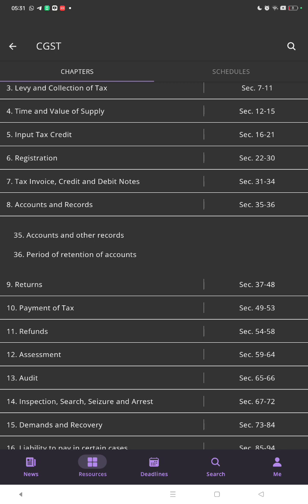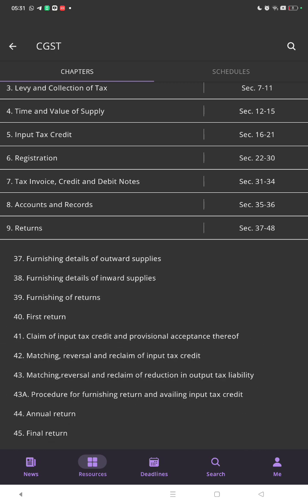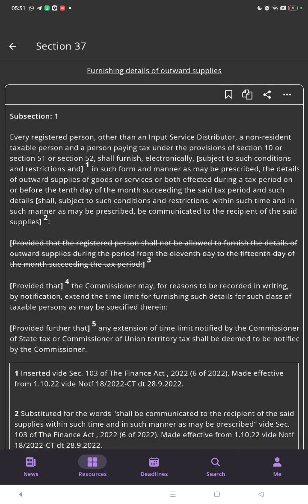Chapter 9: Returns, sections 37 to 48. Section 37: Furnishing details of outward supplies.